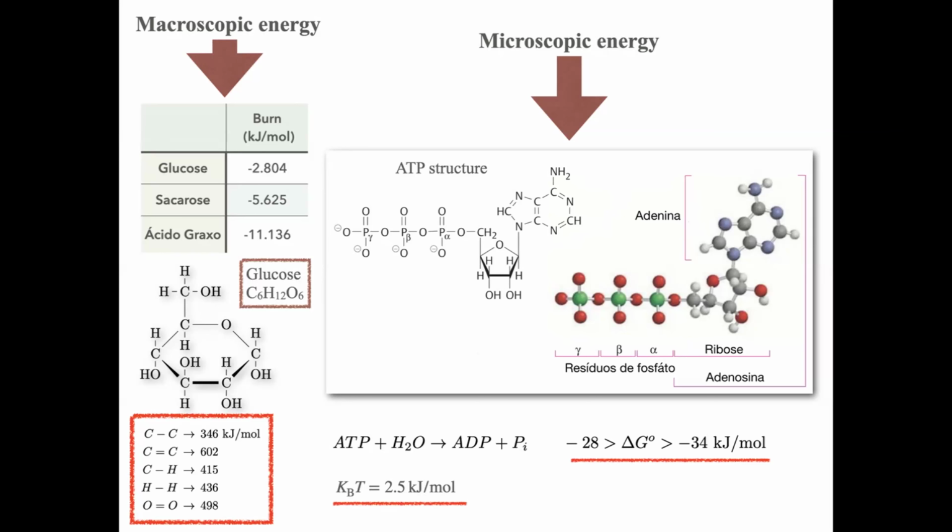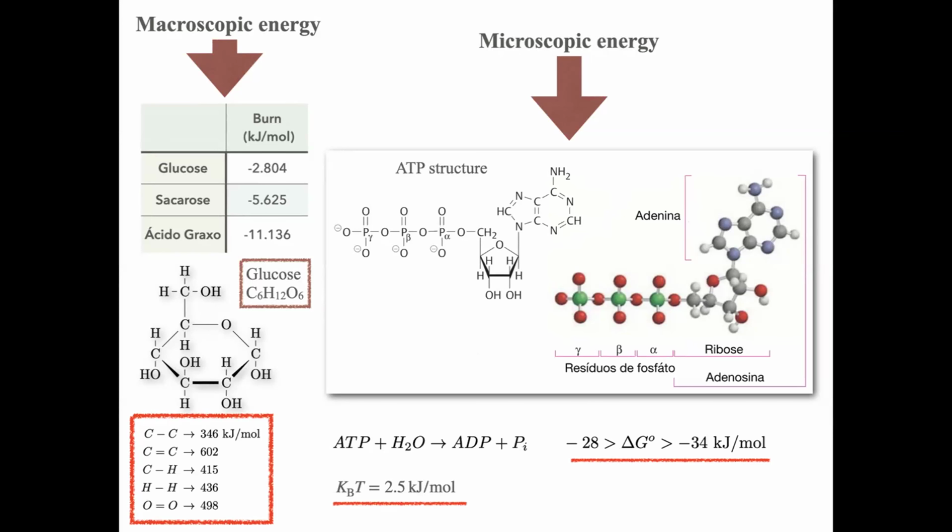Most of these we can just calculate the energy inside using a very simple relation of the enthalpy of all the bonds of these connections that build the molecule. For example, for glucose, we have the energy inside the molecule.